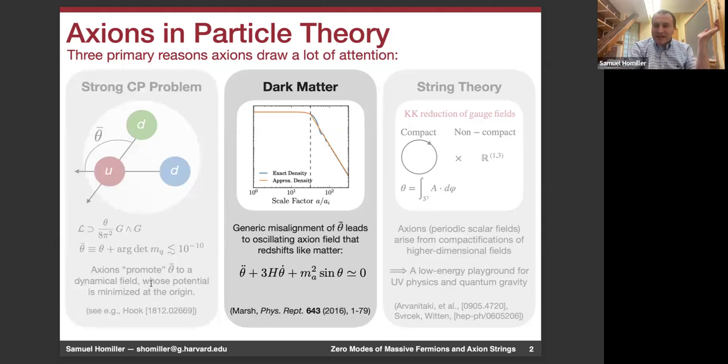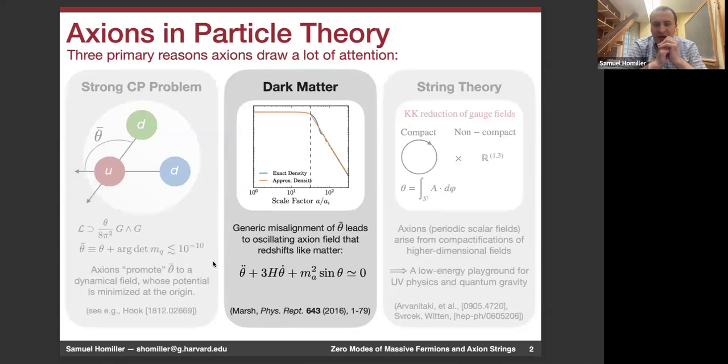They started getting much more exciting when people realized that if you have this field that is this extra theta parameter, generically in the early universe, you're going to have some misalignment, and as the universe cools off, the axion will roll to the bottom of the hill.